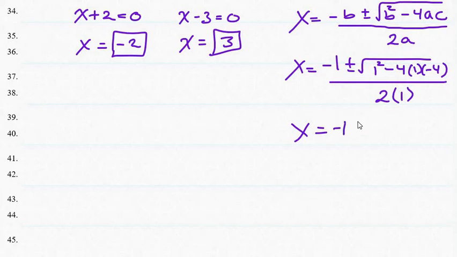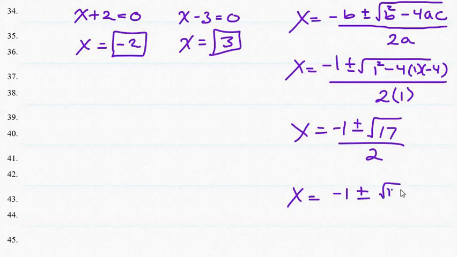So we get negative 1 plus or minus. We got a minus and a negative, so that's positive. We got 4 times 1 times 4 is 16. So that's going to be 17. And it's all over 2. So this is negative 1 plus or minus the square root of 17 over 2.